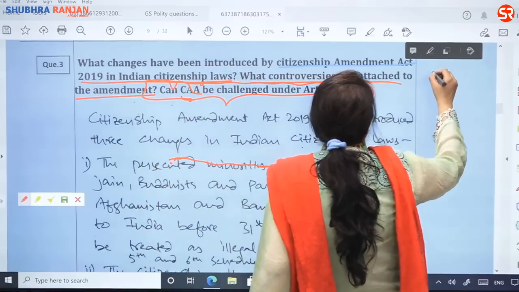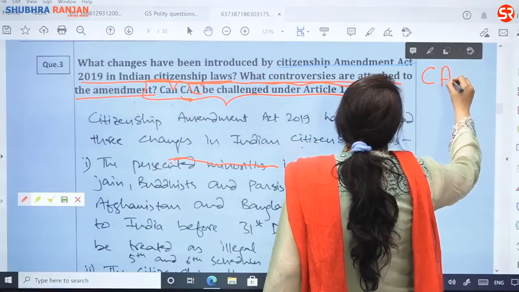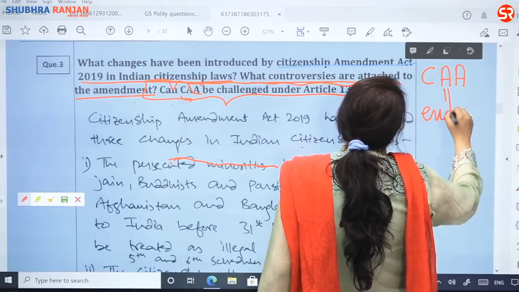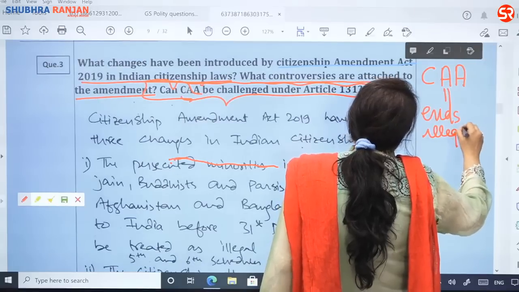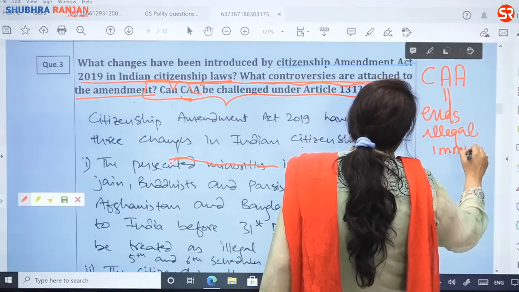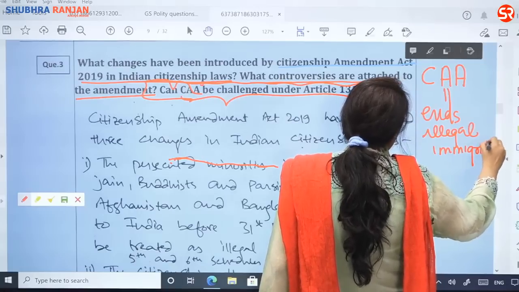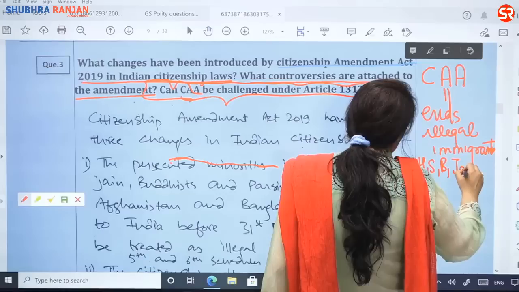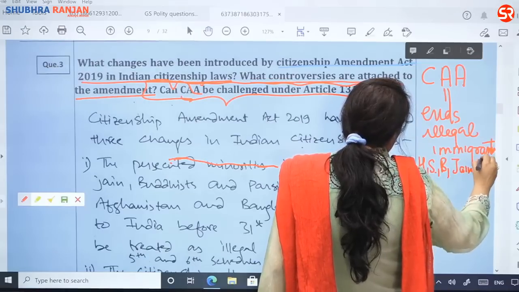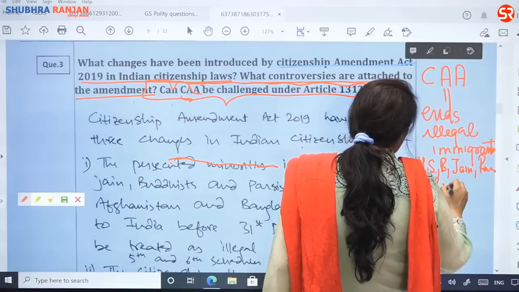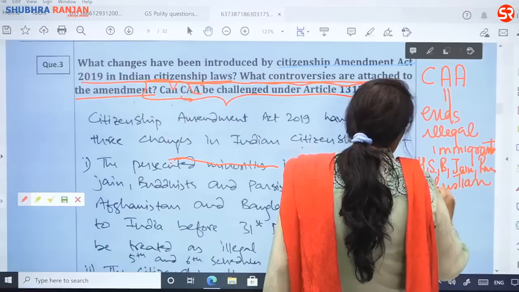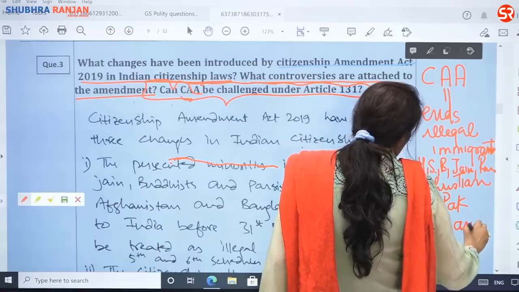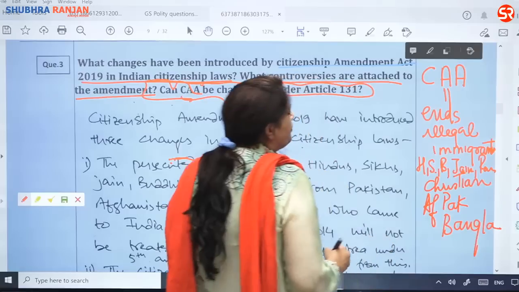So basically, Citizenship Amendment Act ends the status of illegal immigrants for the members of 6 religious communities: Hindus, Sikhs, Buddhists, Jains, Parsis, and Christians living in Afghanistan, Pakistan, and Bangladesh. Fine.